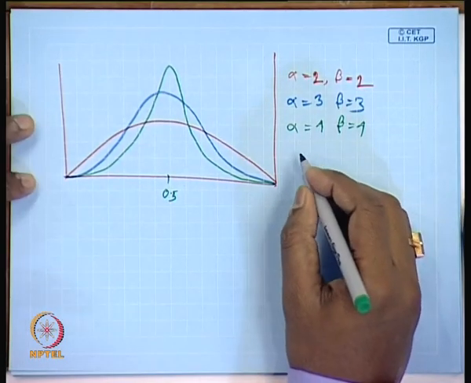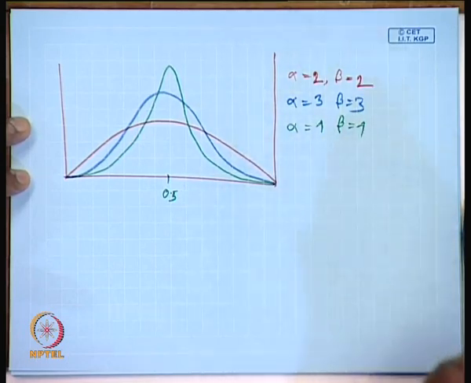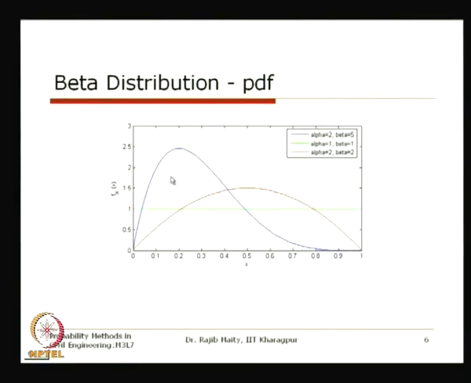Now, instead of just making them equal, if we change them, let us see on the slide again. If alpha and beta are not equal, then how does it look? So, here alpha equals 2 and beta equals 5, and from our previous lectures' discussion on positively skewed and negatively skewed, you can see that this distribution is positively skewed.